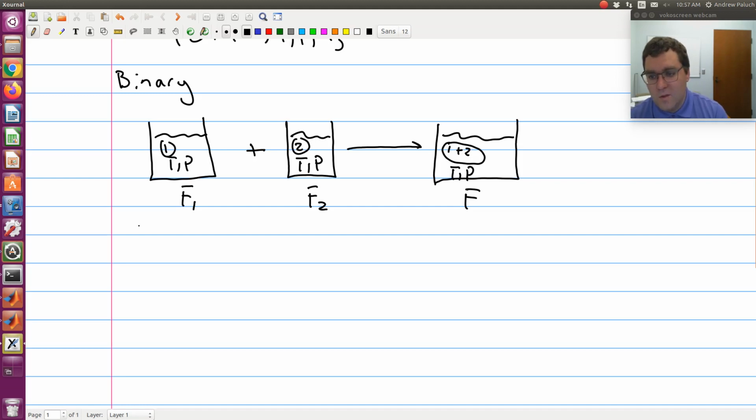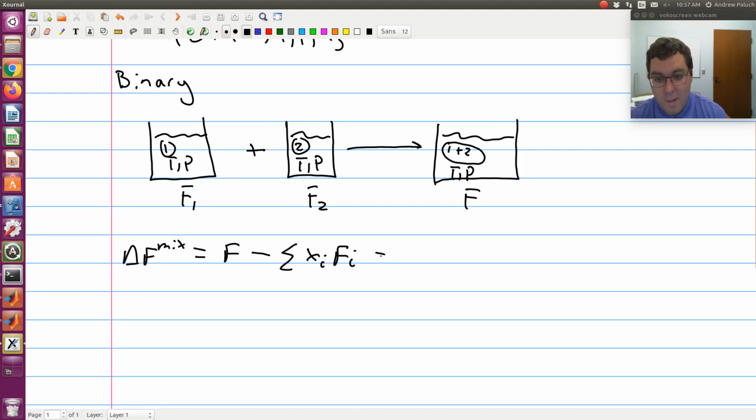So we're going to define delta F of mixing as being equal to F, the molar F of my final mixture, minus the molar average F of those two beakers I'm mixing together.